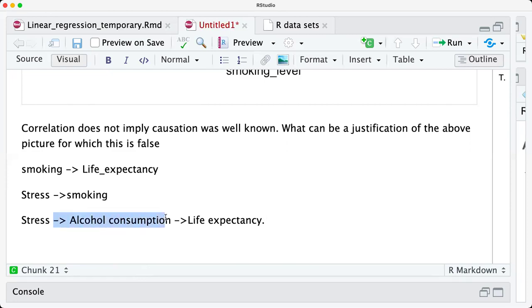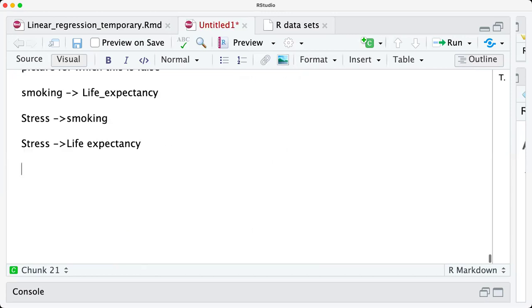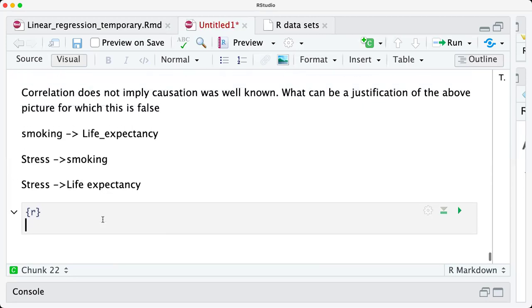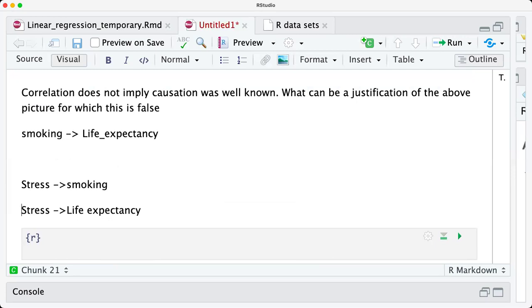It can be. See, it's not really easy to define what is a causal relationship. It's something about the model. So you have a model like stress, but how can you check then which one is more likely to be true?